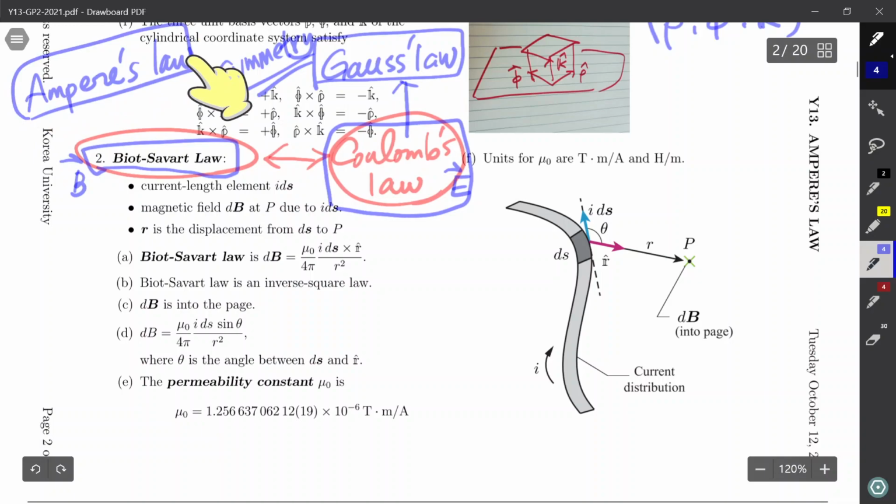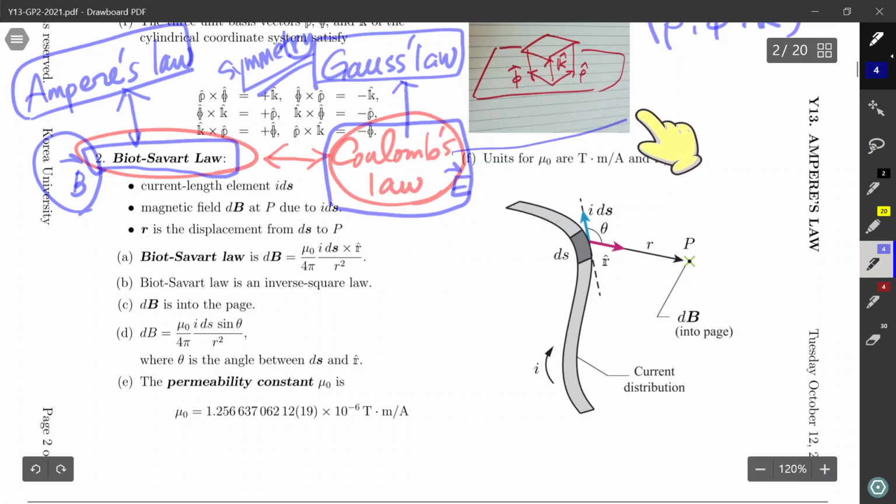So, Biot-Savart law is parallel to Coulomb's law, and Ampere's law is parallel to Gauss' law, and both Ampere's law and Biot-Savart law are for the magnetic field. Gauss' law and Coulomb's law are for the electric field calculation.